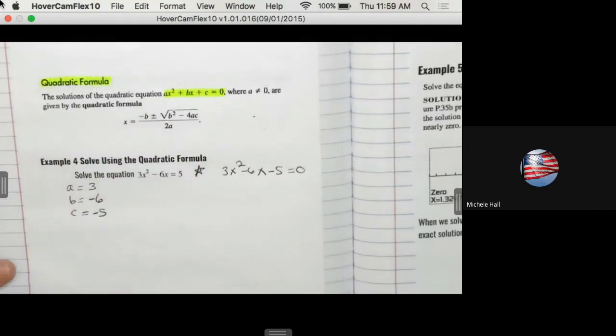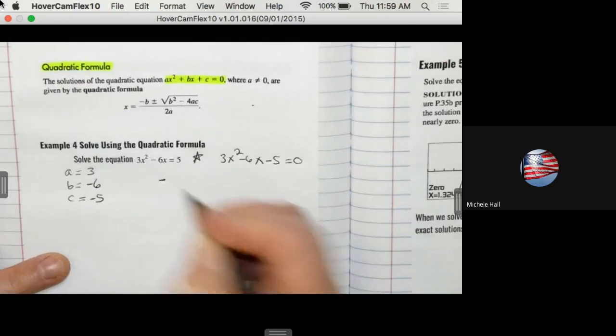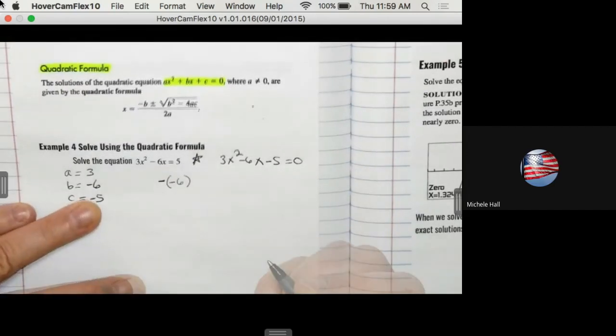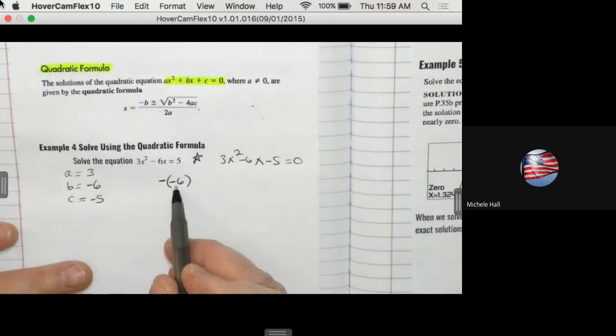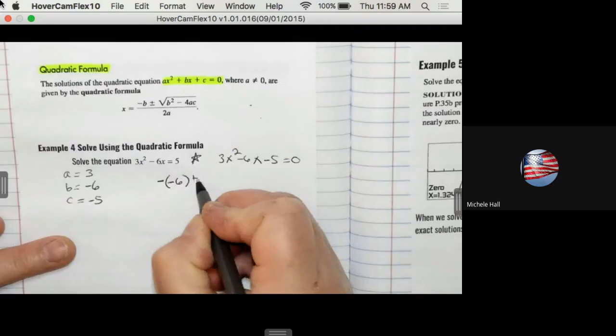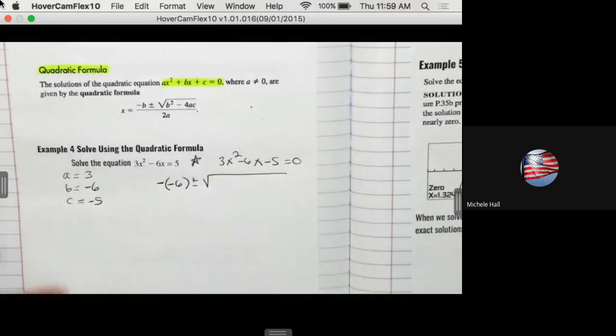All right, we're just substituting into the quadratic formula. It says negative b, and b is -6. I'm just putting it in there for my notes so that I know when I look back at my notes that I didn't just put 6. So negative b plus or minus the square root of, this is an area where I constantly see students get b squared wrong.